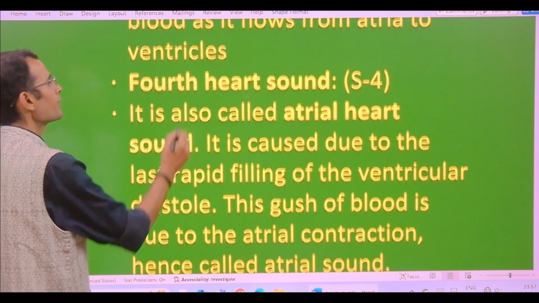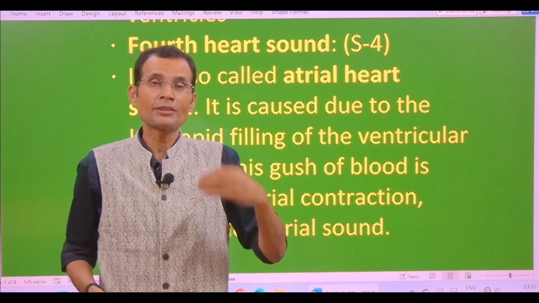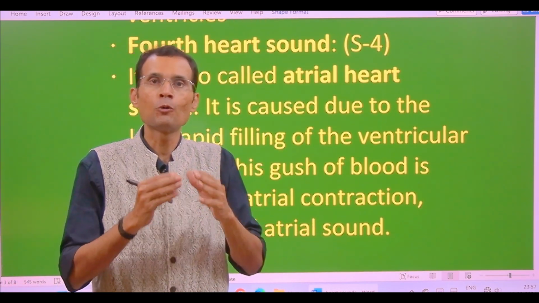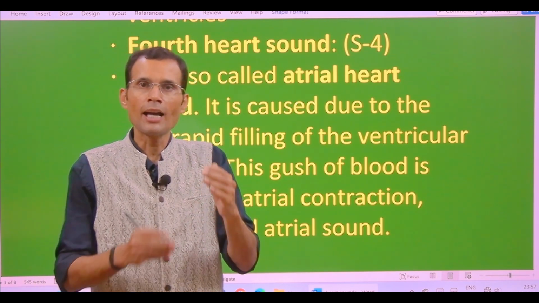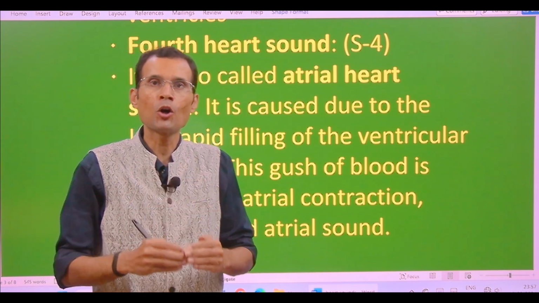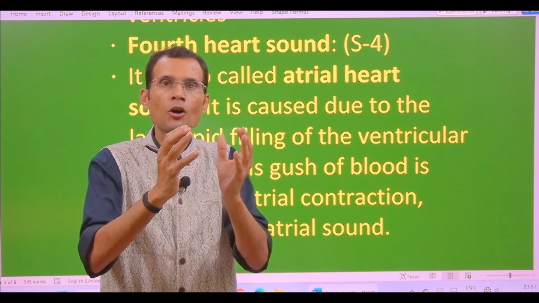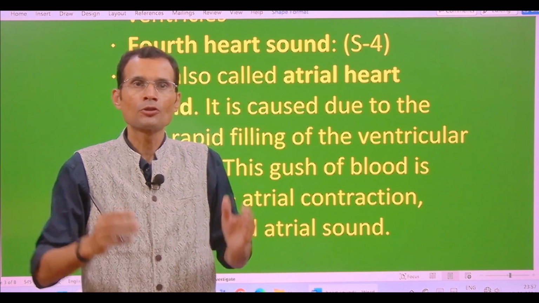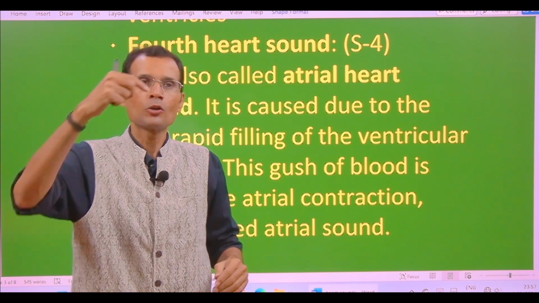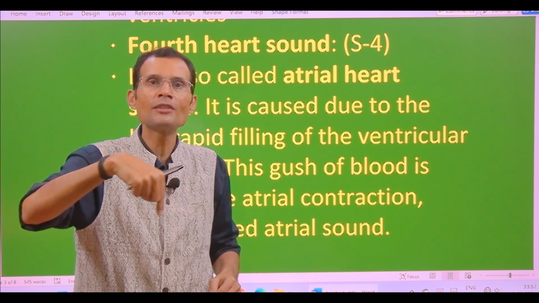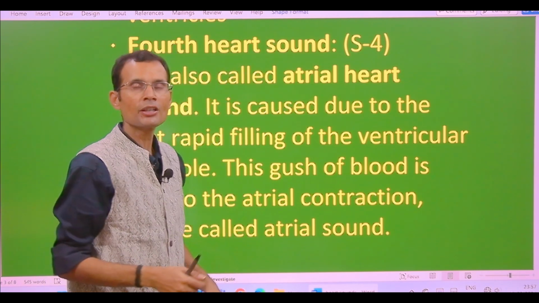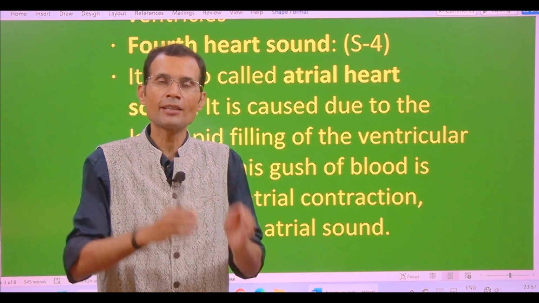Okay, fourth heart sound. Last rapid filling produces S4. Now this last rapid filling is because late in the diastole, atria contract, atria go in systole. So this contraction of the atria causes one more time the turbulence of blood from atria to ventricles, and this will produce S4.